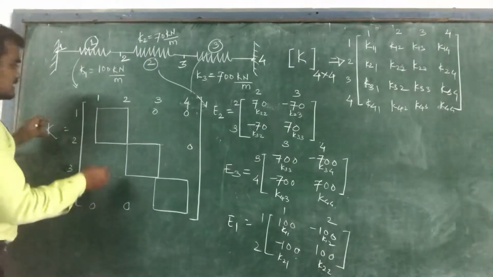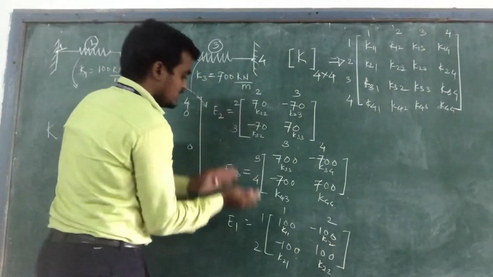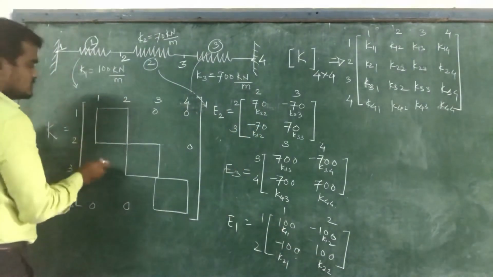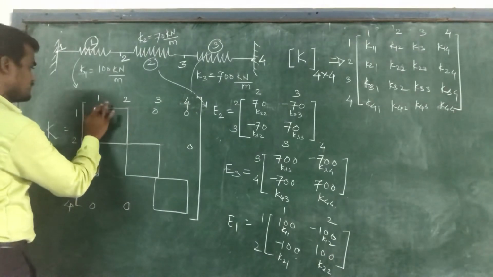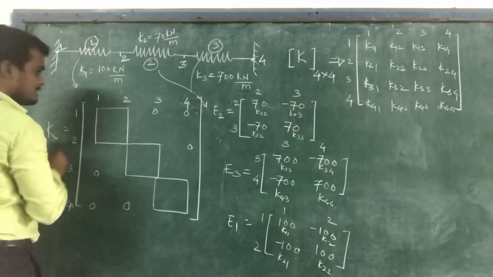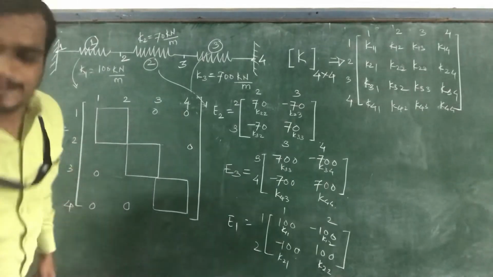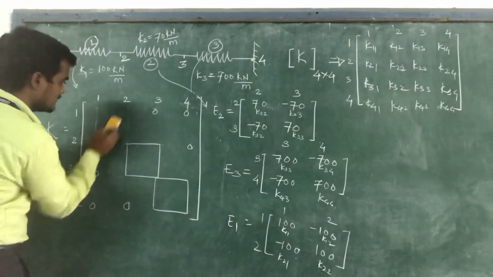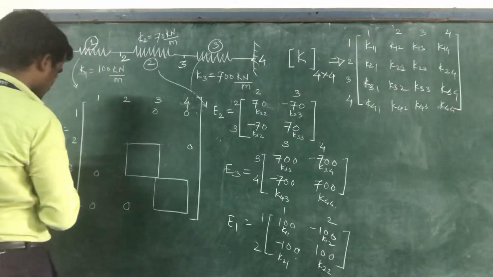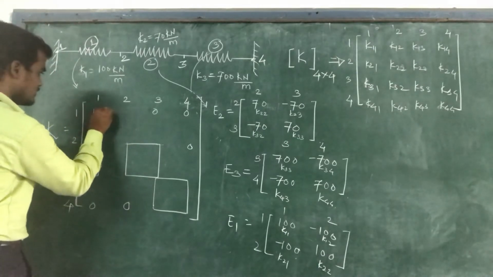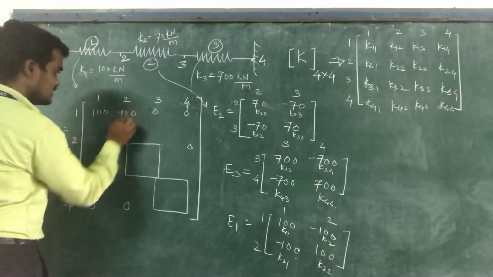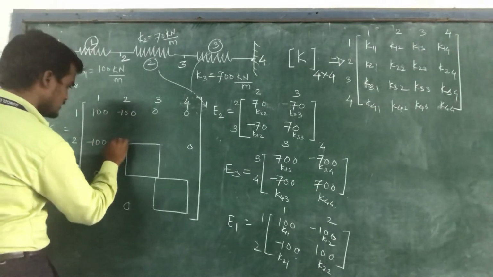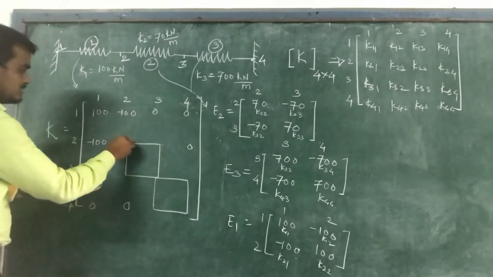So as it is, write down this elemental stiffness matrix E1 into this block. Right? So 100, minus 100, minus 100, and here 100.